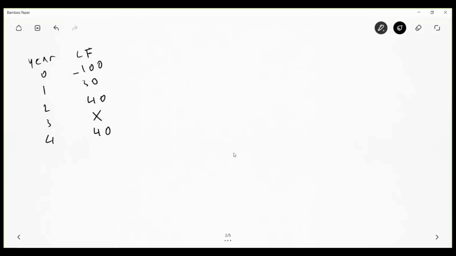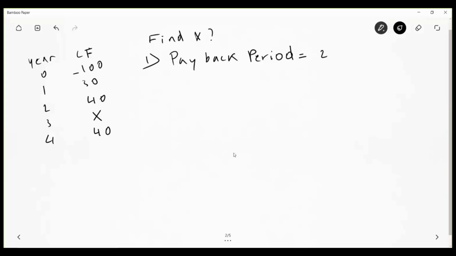Let's say here I need to find X. I will take different cases. In the first case, we need to find the X given that the payback period is 2.65.